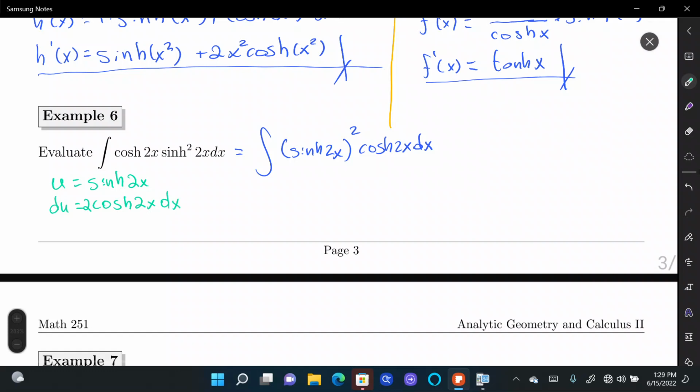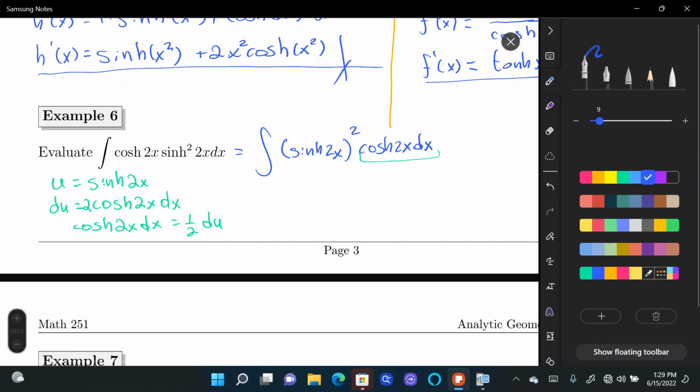Well, in this case, what do we have? We have cosh x dx, so that cosh x dx will be equal to du. So we're ready to do the u substitution.